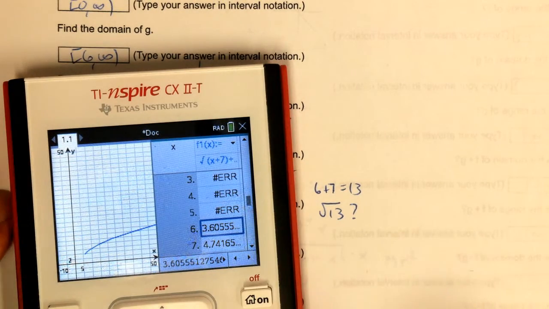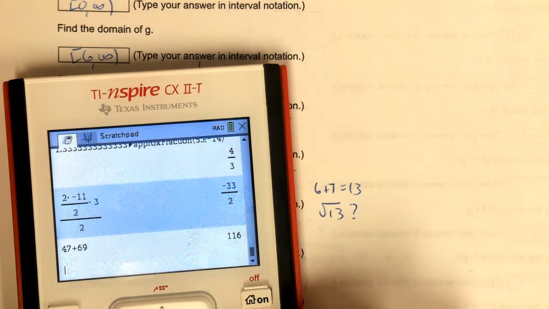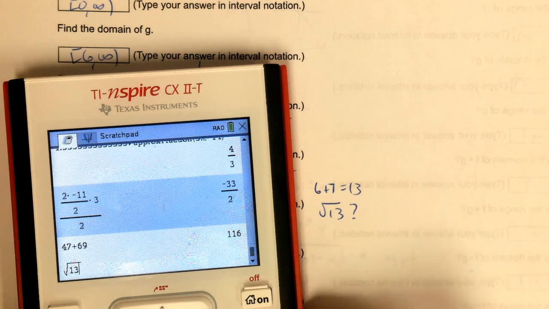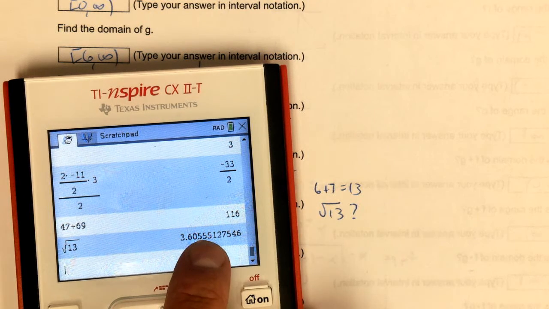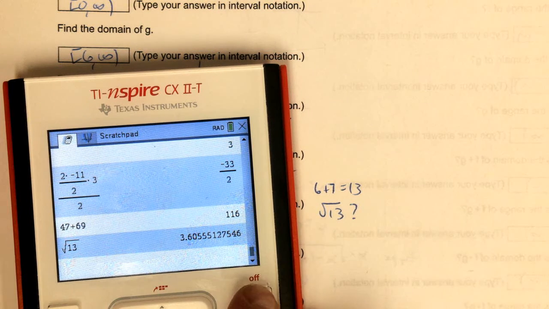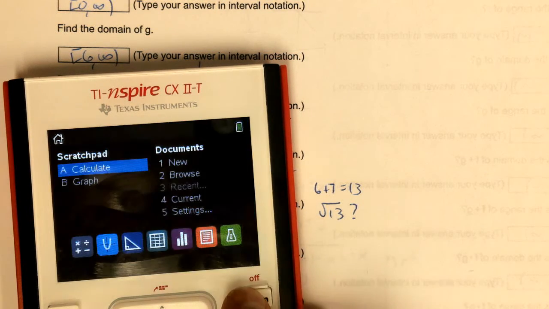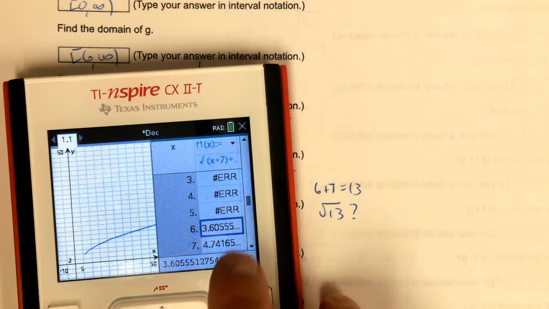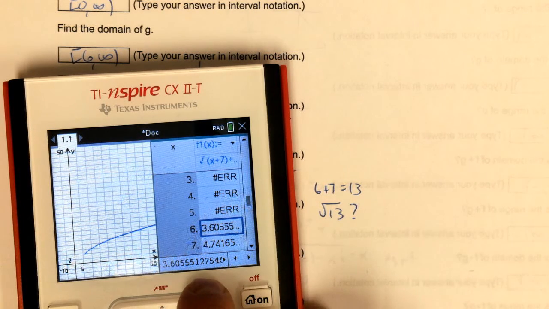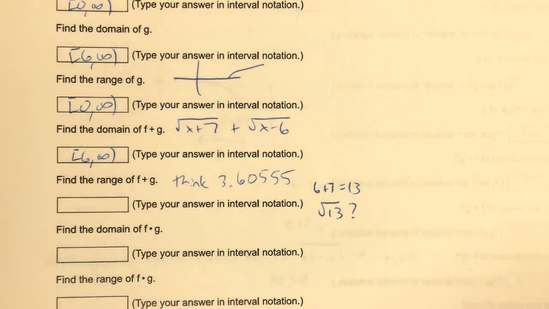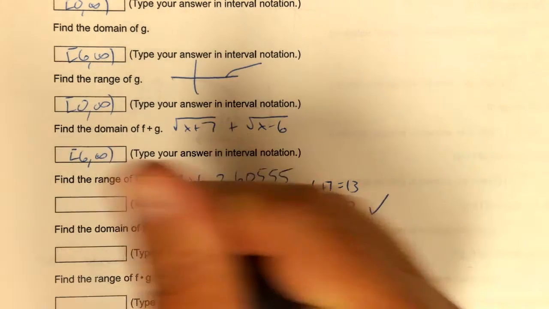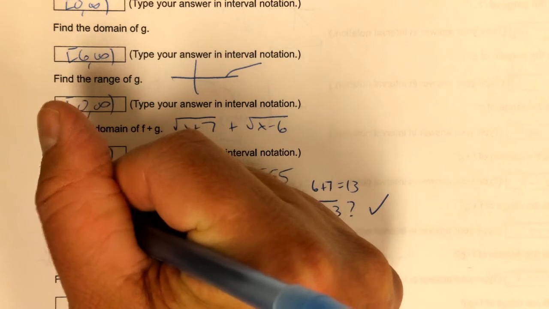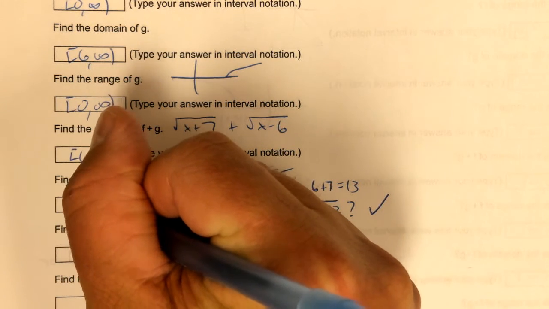So if you go to the square root of 13, control enter, sure enough you see that. It's 3.6055 and so on. Notice the numbers kept going, just like over here. Down below, the numbers kept going. So that's going to be what you want. That would be square root of 13, comma, infinity.